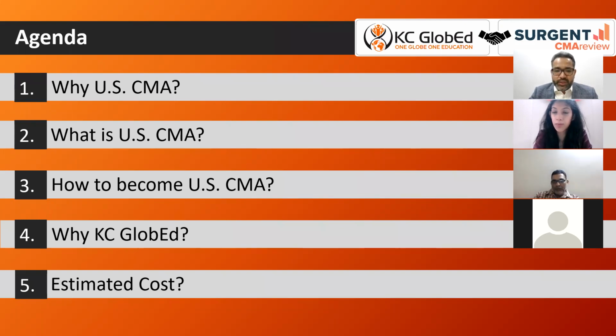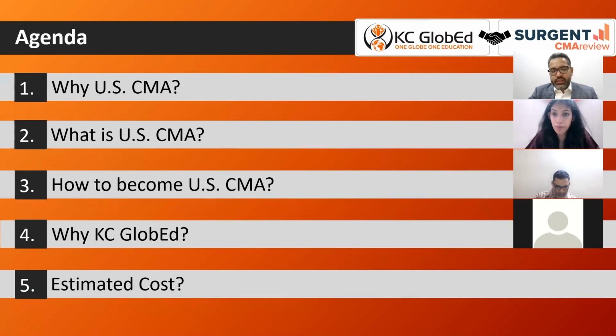It will have all the nuts and bolts in terms of administrative eligibility and process: if you are eligible, what you need to take for admission, for your education, for your examination, and then the certification process. All the administrative nuts and bolts will be covered in the third agenda item.